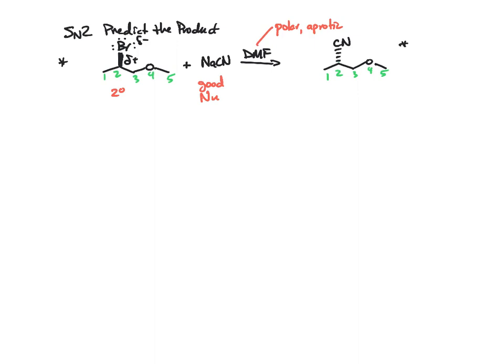So here's another sort of tip. For SN2, inversion will happen with stereogenic carbon.